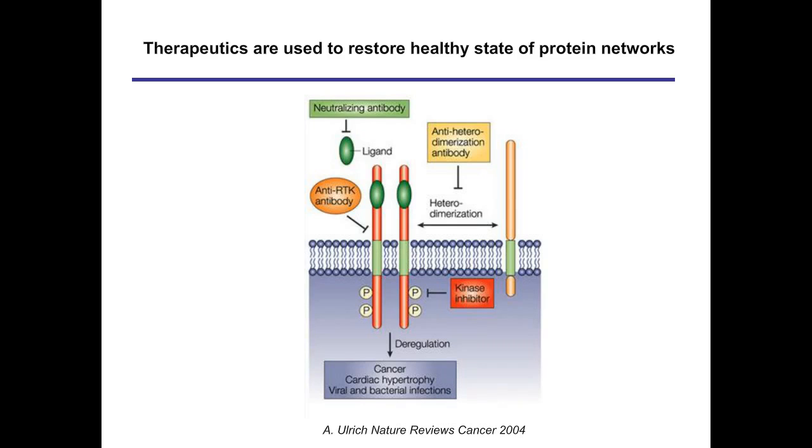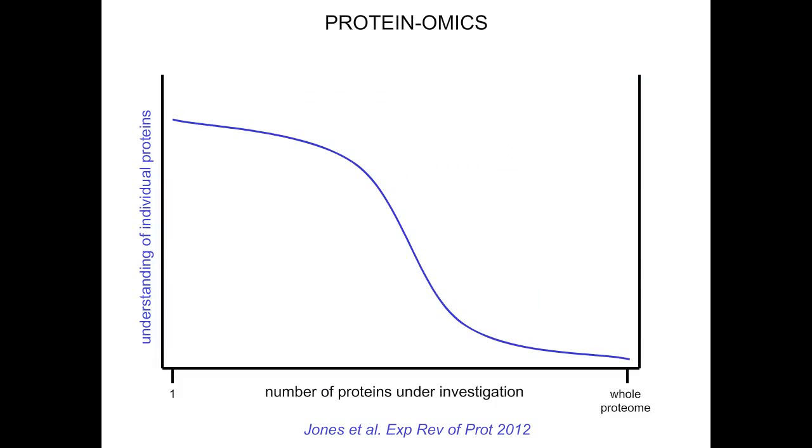Sometimes there are inhibitors designed to prevent the heterodimerization partners such as HER2 or HER3 with the epidermal growth factor receptors.